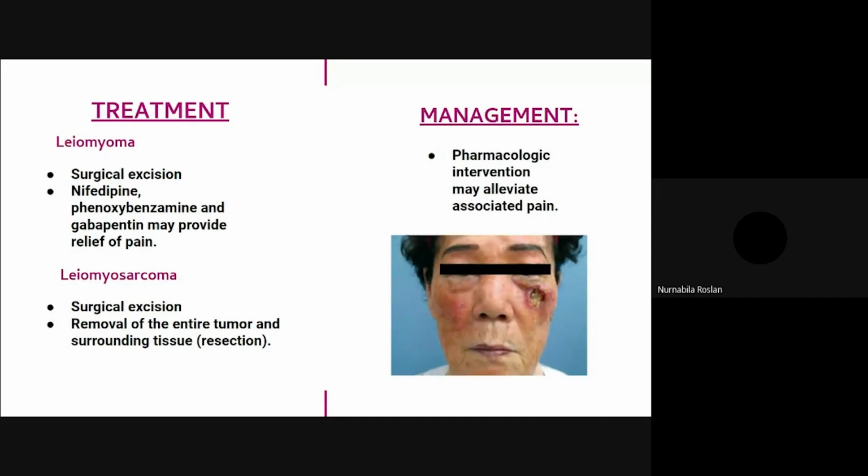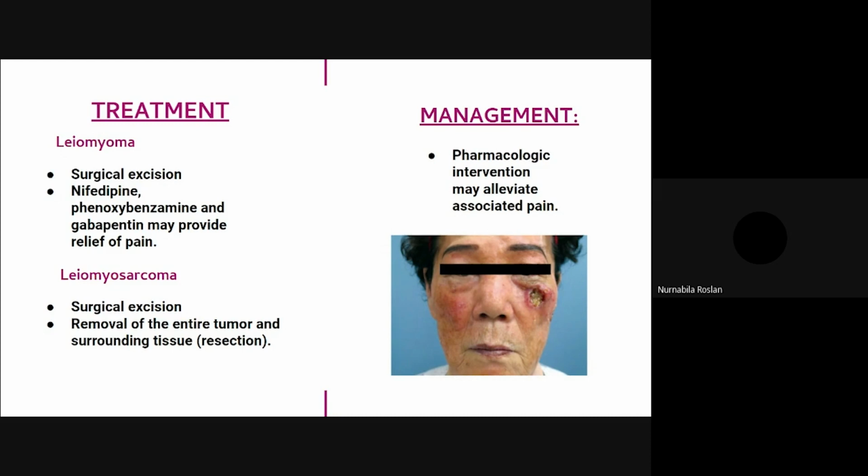So for the treatment of leiomyoma, what can be done is surgical excision, and also nifedipine, phenoxybenzamine, and gabapentin may provide relief of pain. The surgical excision depends upon the location of the tumor.